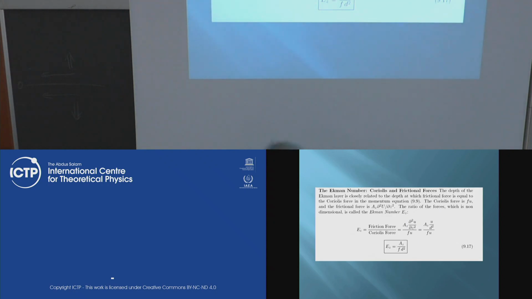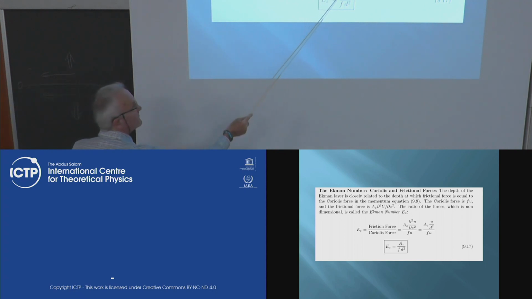Okay, so there is one very useful number which is called the Ekman number. It's a non-dimensional number which gives the ratio between the friction force and the Coriolis force, and which gives us the importance of the two forces, and which helps us later on to make some approximations as far as the equations of motion are concerned.